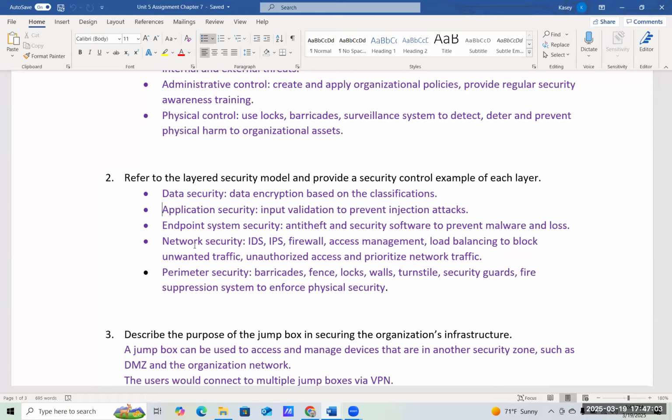And then for load balancing, we want to load balance to block possibly malicious attack traffic like denial of service. So load balancing is helpful for availability, where it would divert the traffic to where other systems can handle it. So for example, I will not just have one router for my network.